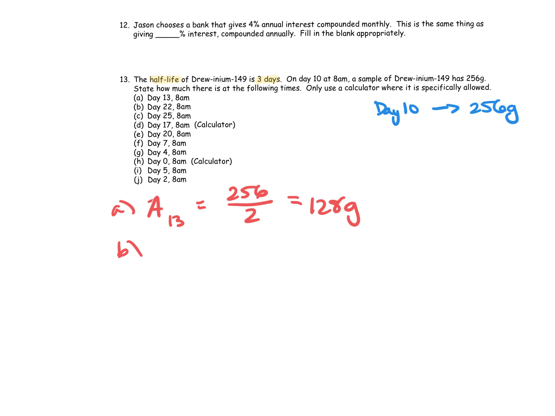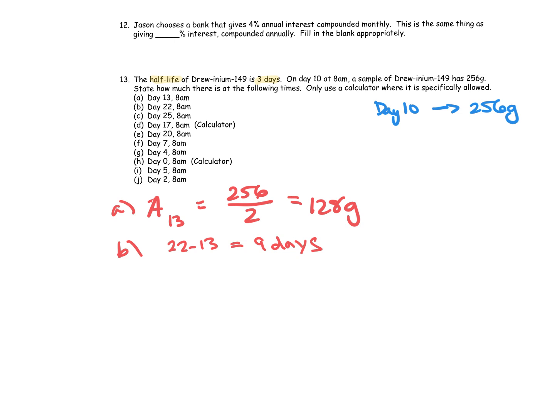Now part B, day 22. Notice all the times are the same, just an exact number of days later. Let's look at 22 and 13. 22 minus 13 is 9 days, and remember, 3 days is the half-life.